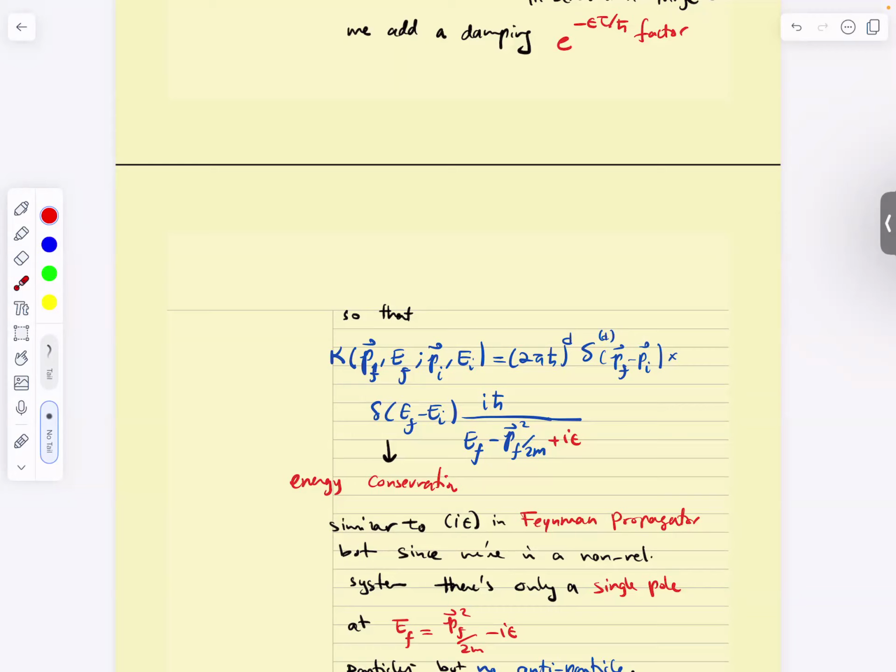This is now replaced by the non-relativistic version. In the relativistic version, we said that we have two poles, minus omega k and omega k. We just wanted to integrate these two guys. And then we said we're going to deform the contour and integrate below.